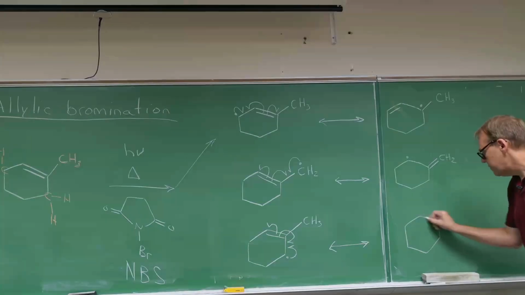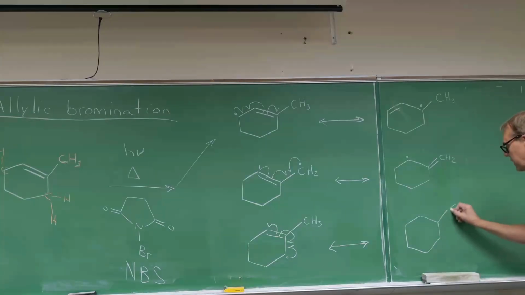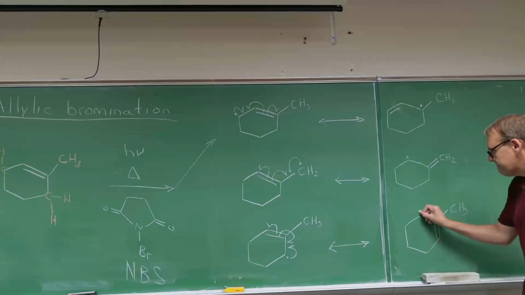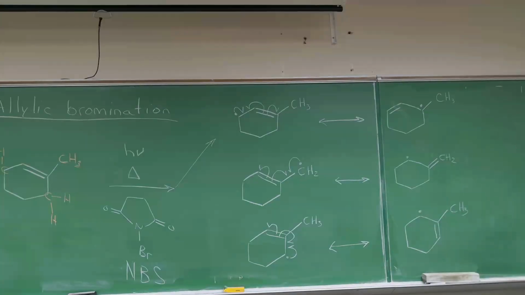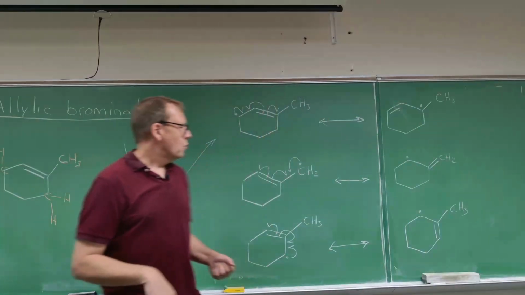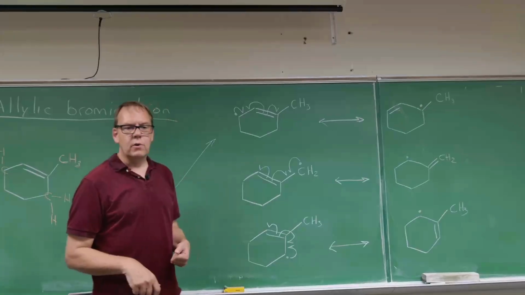Now we've got this other radical that looks like this. So that's a collection of three different allylic radicals and all their resonance structures. If you get this far, basically you've done the majority of the work in solving this question.